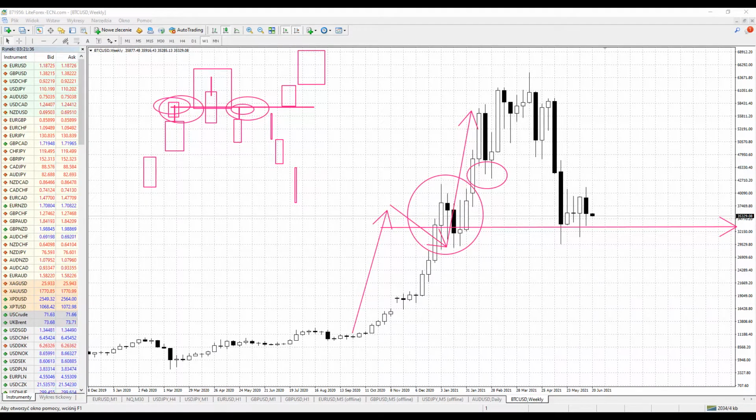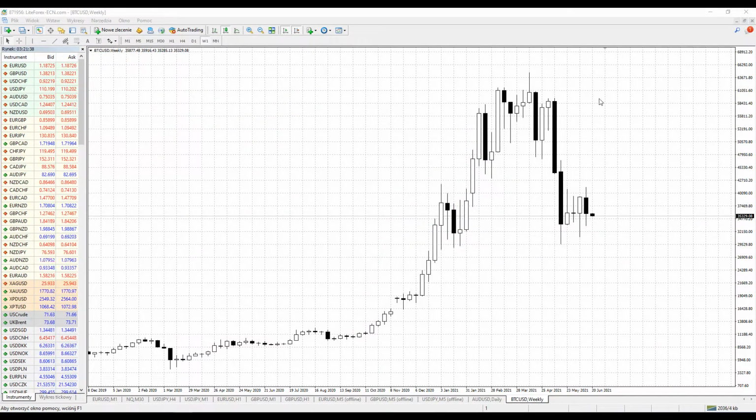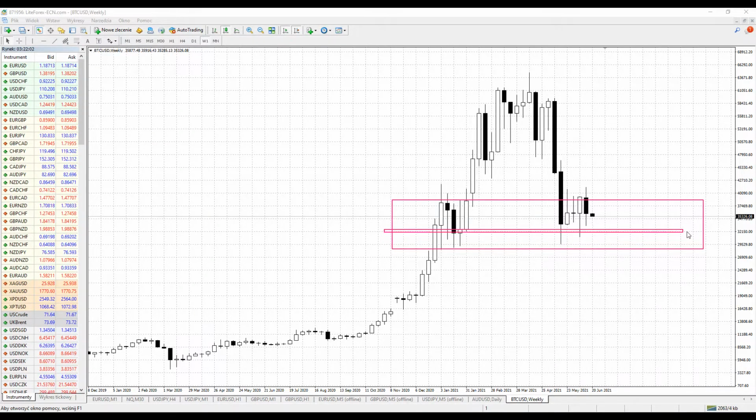Alright, so let's have a look at what we have in that particular chart. That's the weekly Bitcoin chart. We've seen the rally, the pullback, and the rally again. What we were expecting was that the market is going to retest at least 50% of that zone.